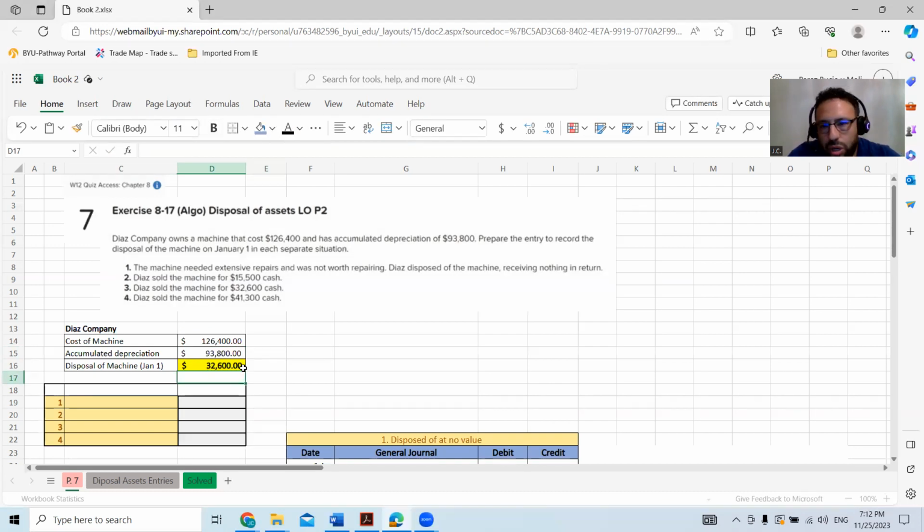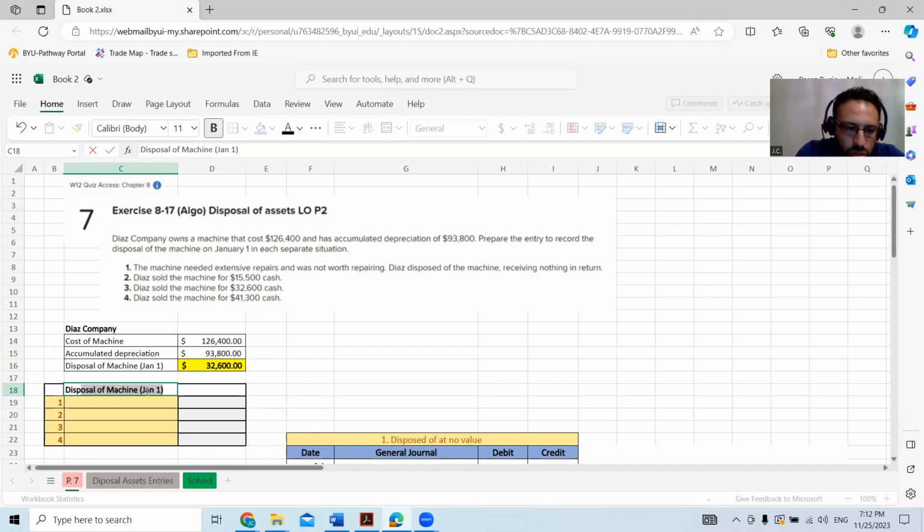And so it's $32,600. And what they're asking us to do is the disposal of the machine for January 1st. For each separate situation, they have 1, 2, 3, 4 different situations here.